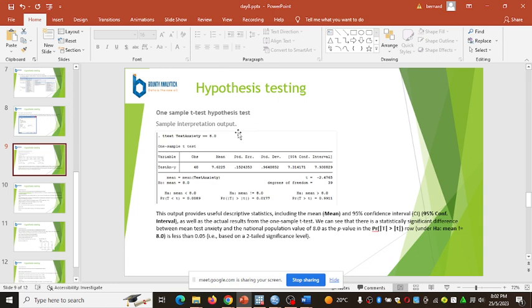We reject if the p-value is less than the significance level. So if the p-value is less than the significance level, what do we do? We reject.